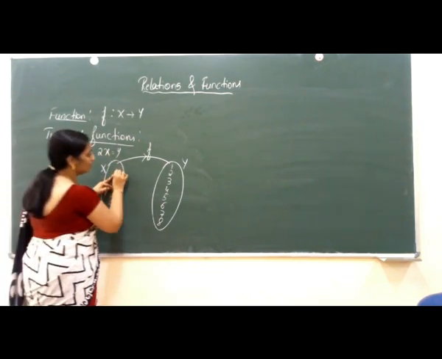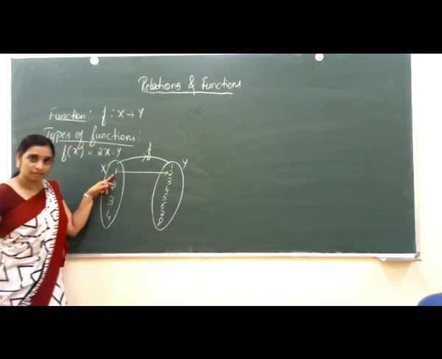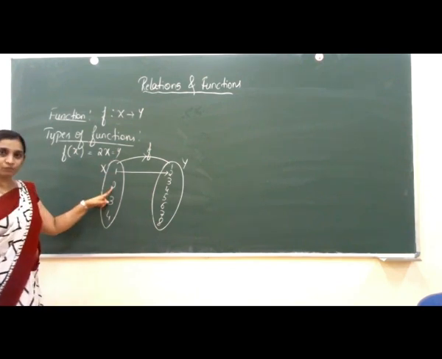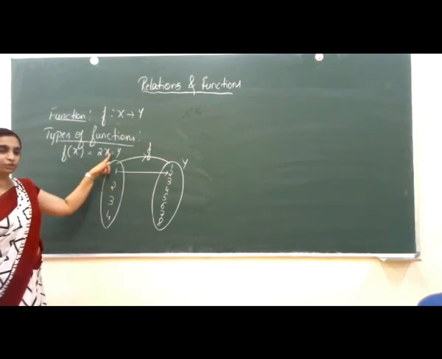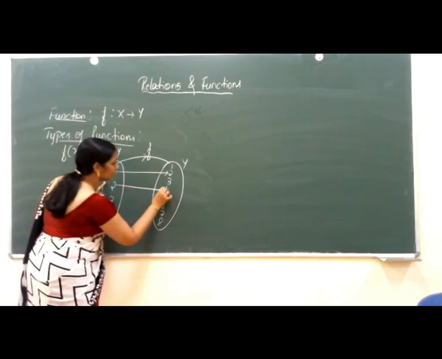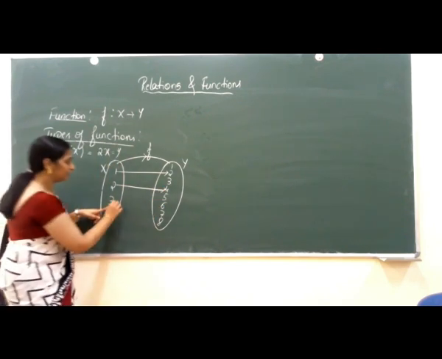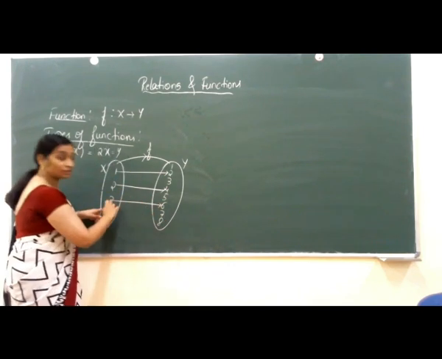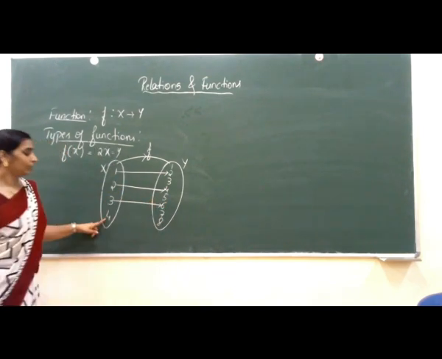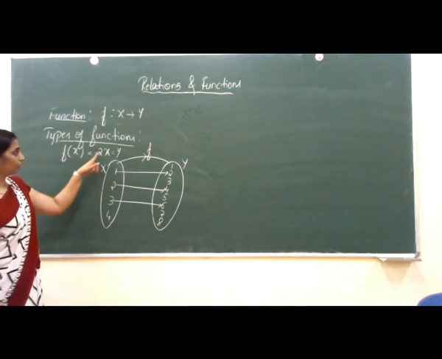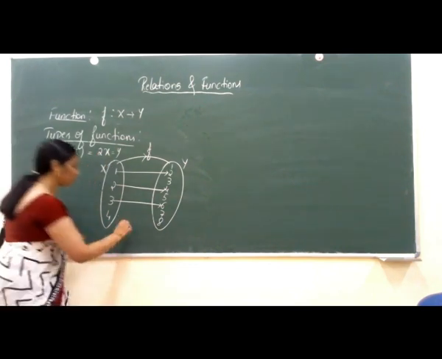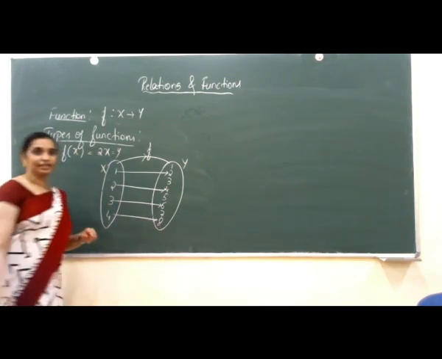So 1 is related to 2 here. Understood? Then when I take x is equal to 2, f of 2 means 2 into 2. So 2 is related to 4. Similarly the next one is 3 to 6. When I take x is equal to 4, f of x is 2 into 4, that is 8.